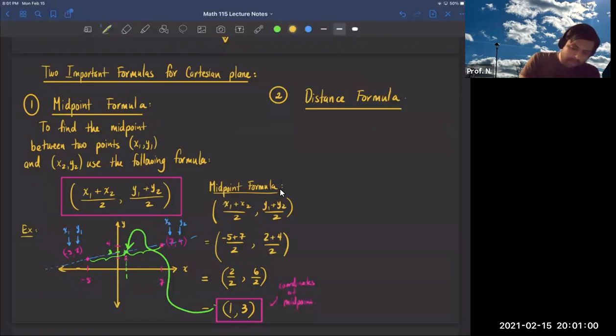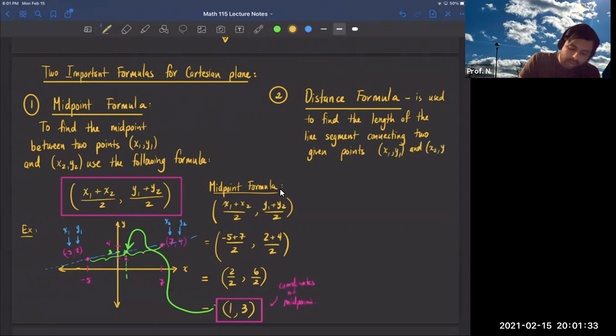So the distance formula is used to find the length of the line segment connecting two given points, x1, y1, and x2, y2.